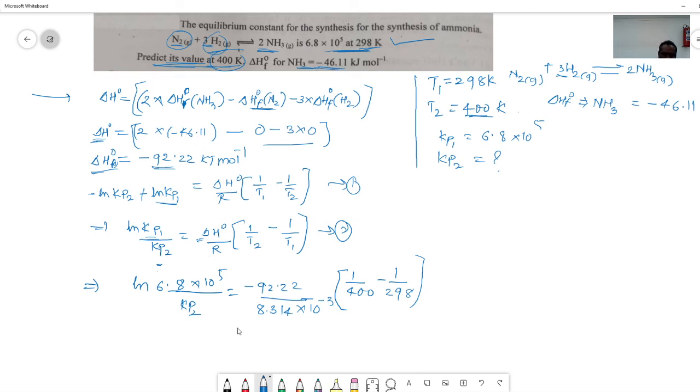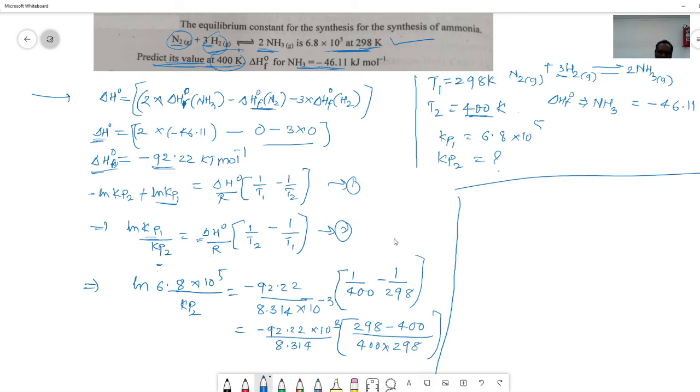That is equal to minus 92.22 into 10 raised to 3 divided by 8.314 into 298 minus 400 divided by 400 into 298. If you multiply the values, it is simple elementary mathematics.